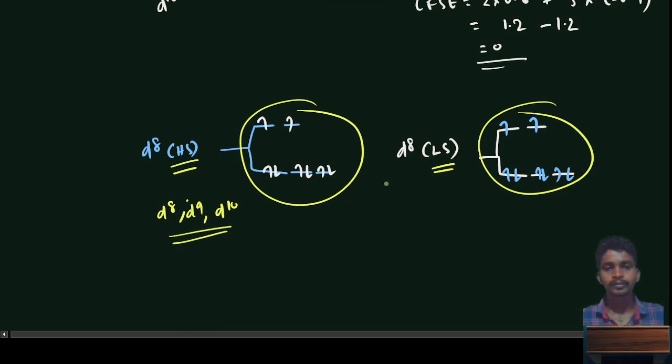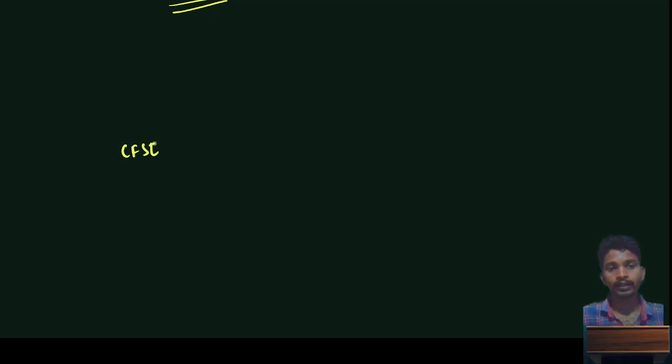Now, while calculating the CFSE, pairing will be possible. While we are doing pairing, we have to give some energy. So this is how it is calculated.